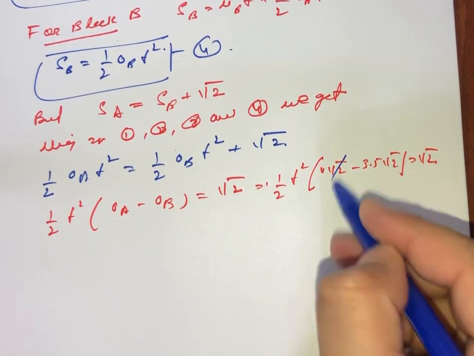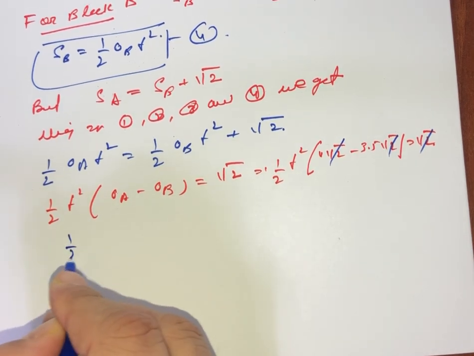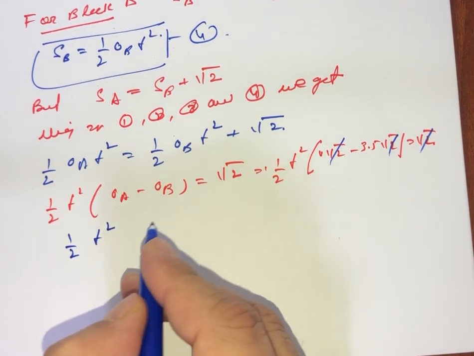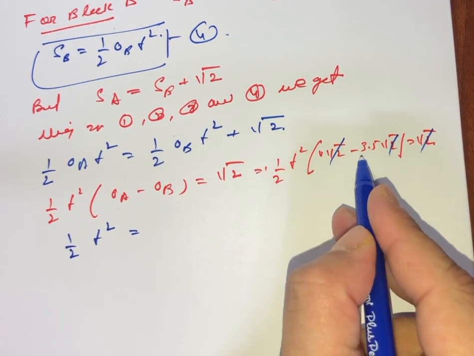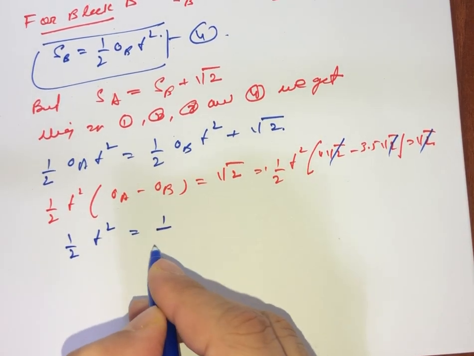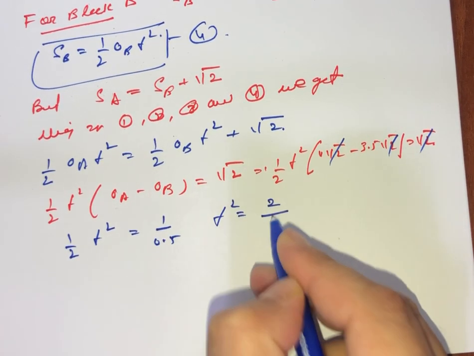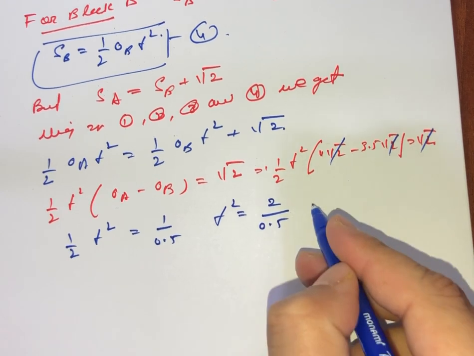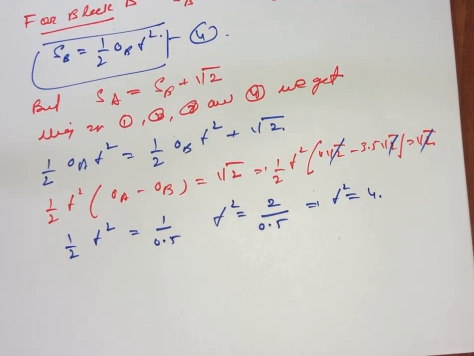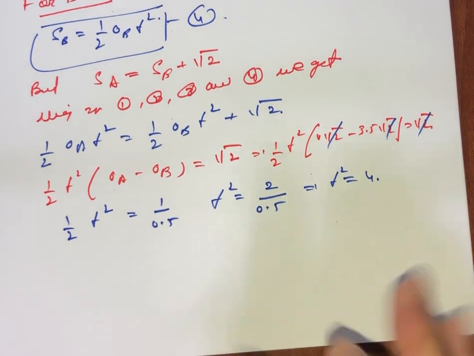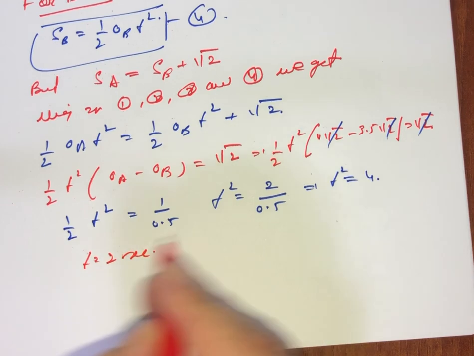So root 2 cancels out and we get half t square equal to 4 minus 3.5, that is 1 upon 0.5. So t square is equal to 2 divided by 0.5, or t square is equal to 4. Therefore t will be equal to 2 seconds.